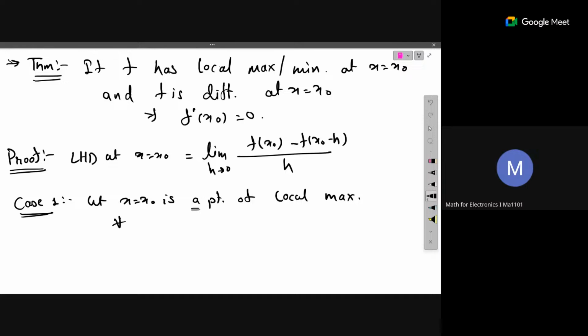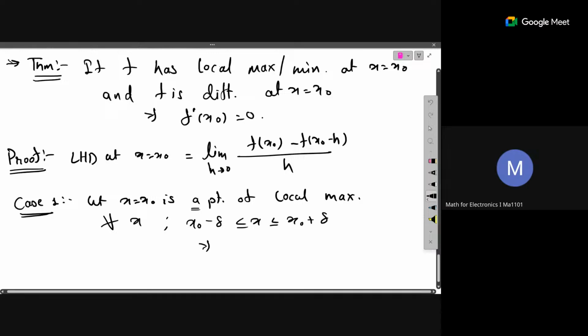Then for all x belonging to the small neighborhood, that means for all x which lies in a small interval around x naught, that is, x naught minus delta is less than or equal to x less than or equal to x naught plus delta, we have the condition that f of x is less than or equal to f of x naught, right?